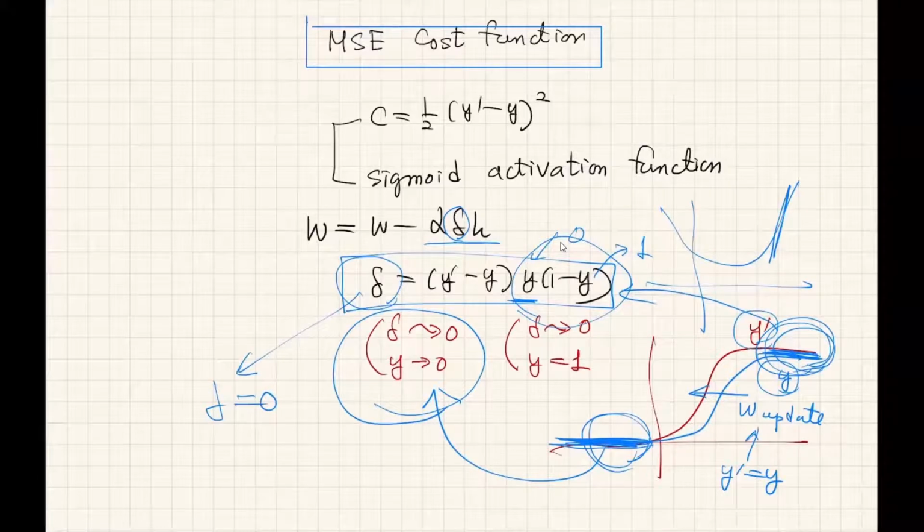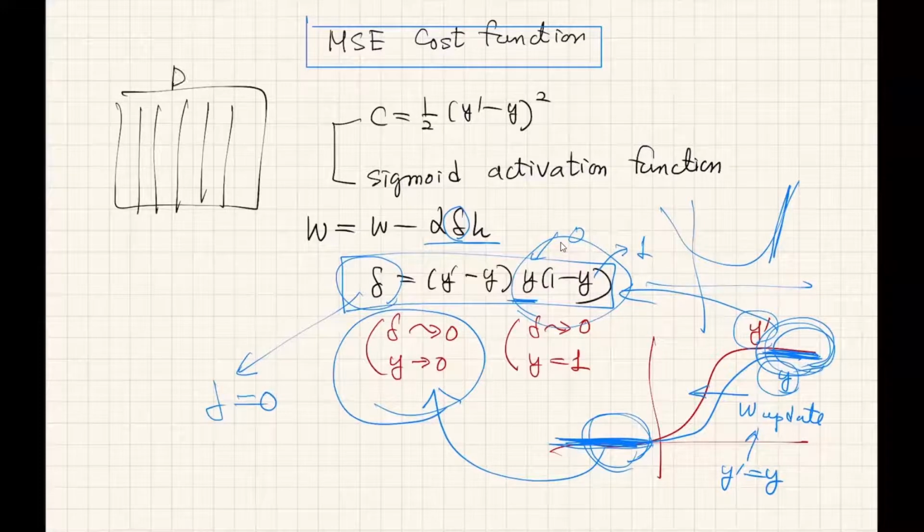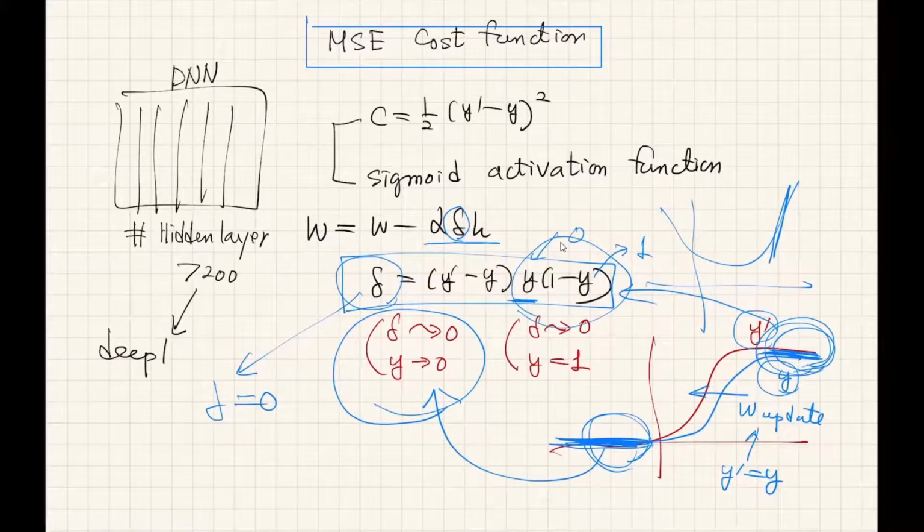Especially, let's assume that this is a deep neural network, and let's assume that the number of hidden layers is becoming more than 200, that is, we call it deep learning. This mean square error may not work, because a small difference in this area and that area will not change any gradient.